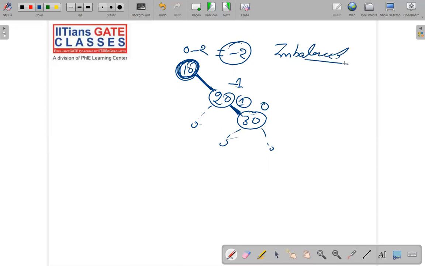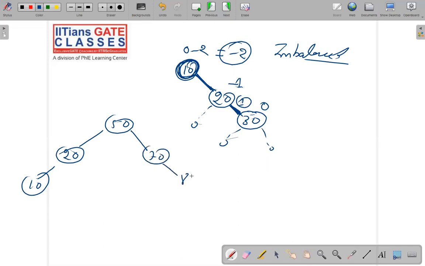Let's see some more complicated example, like something like this. 50, and we have 20 here, 10 here, and 70 and 80 here. Now, is this tree balanced? Pause the video and try to calculate the balance factor for each node, and try to figure out whether this tree is imbalanced or not. I'm writing the balance factor for each node.